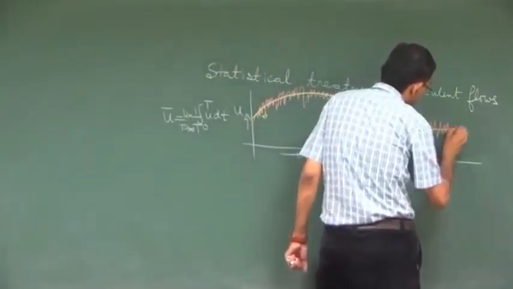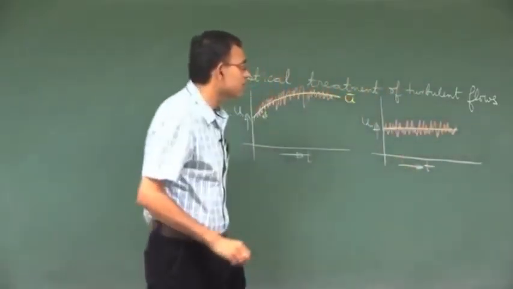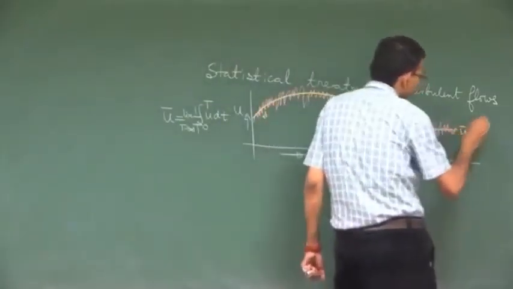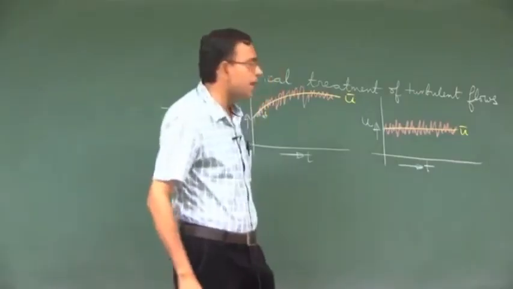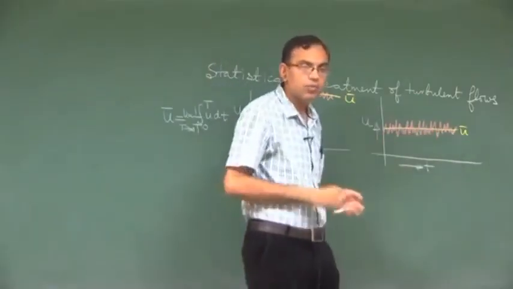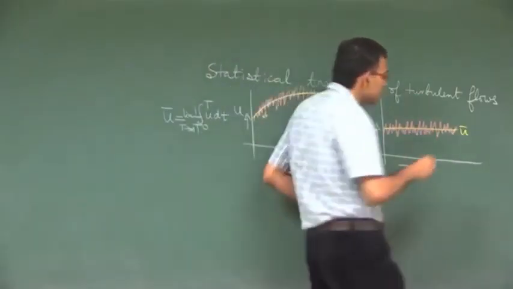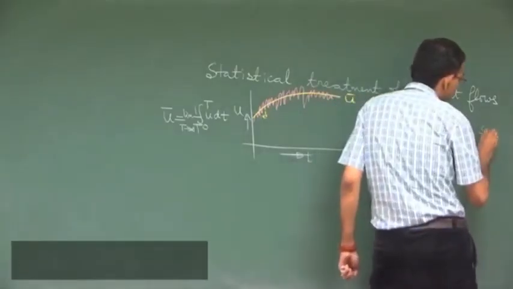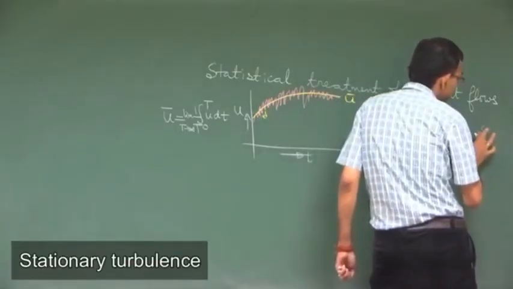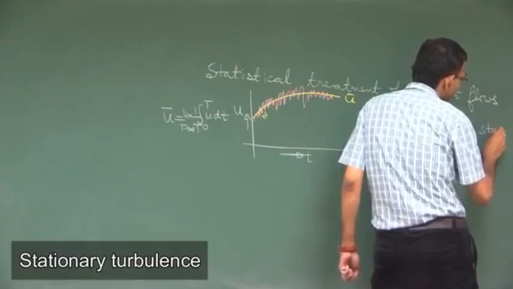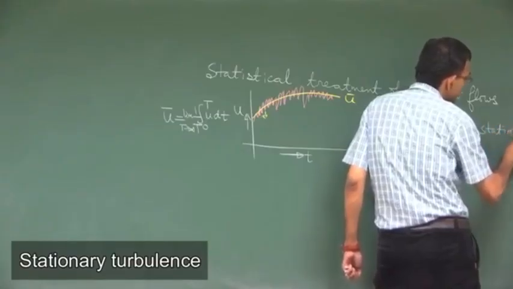Here if you make an average, the average u bar may not vary with time, although u varies with time, and this is called stationary turbulence, which sometimes is erroneously called steady turbulence.